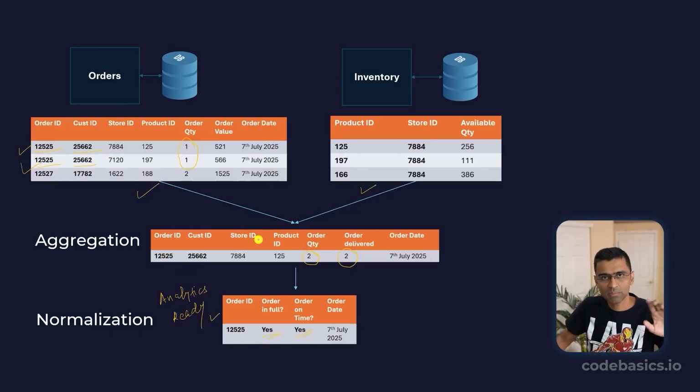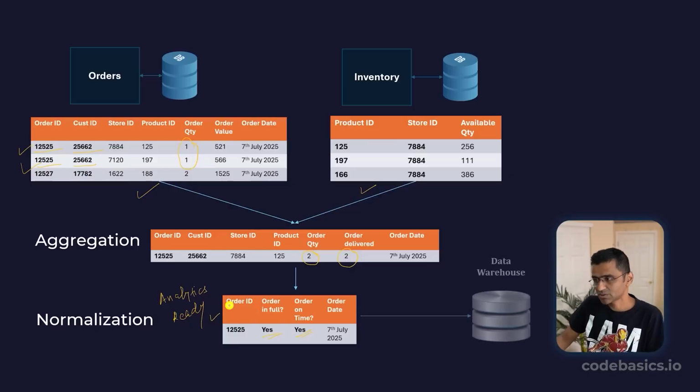Whatever is coming through your app, you're storing in your database. But to perform analytics, you need a different shape and form of data. So we are performing all those transformations here. Then this data usually gets stored in a data warehouse. Okay.